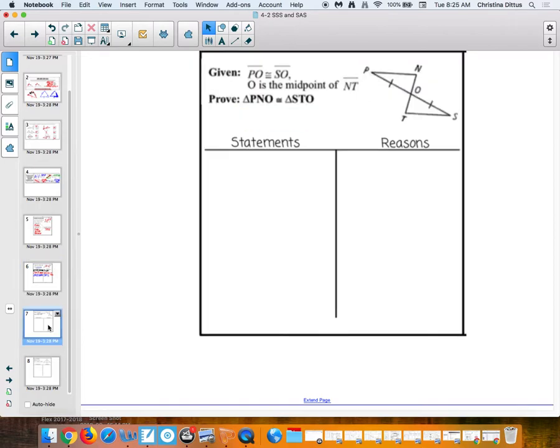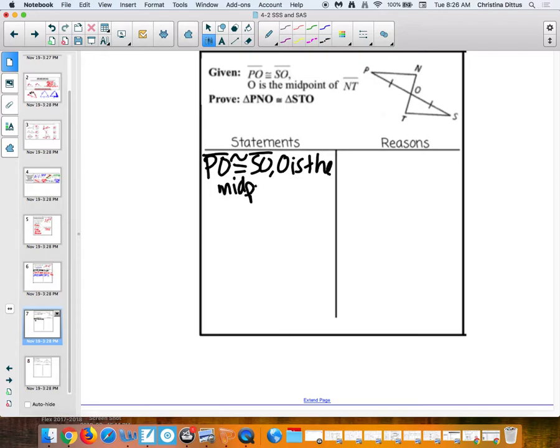Another one. What should I write down first? PO is congruent to SO. I should write everything of the given. Good. PO is congruent to SO. And then O is the midpoint of NT.